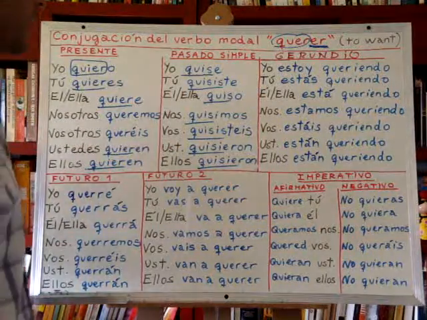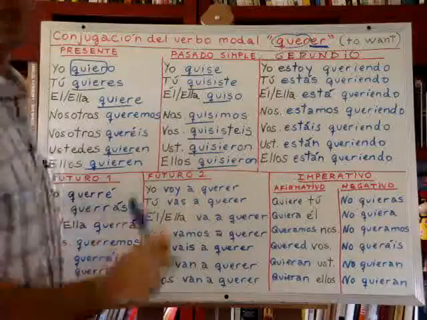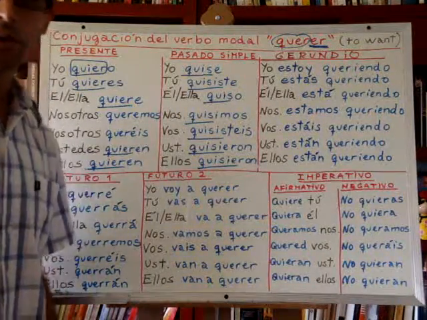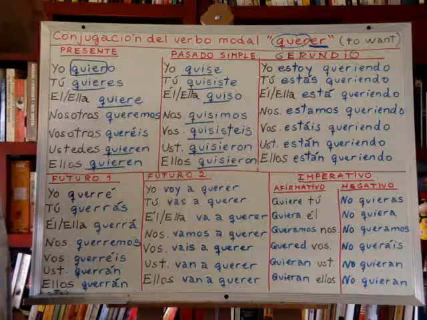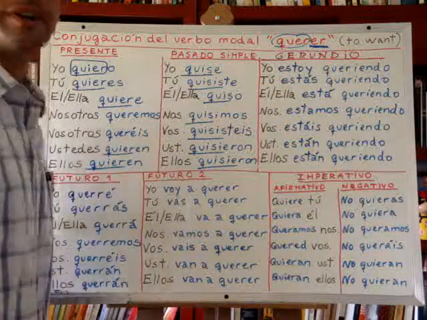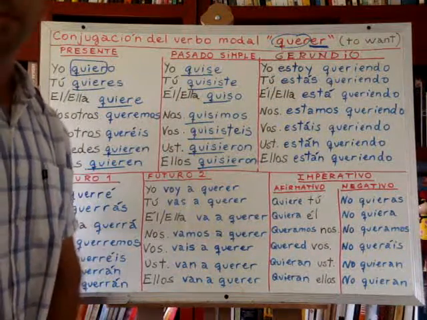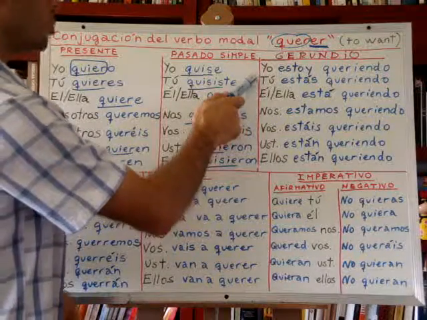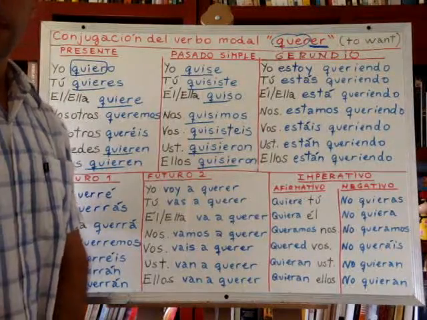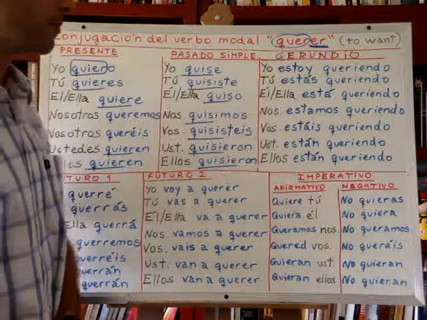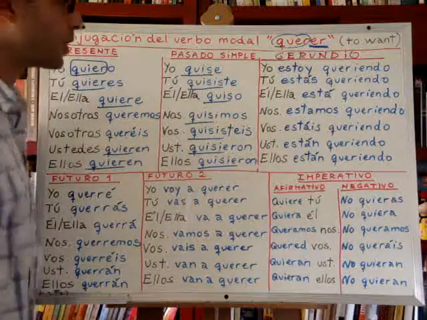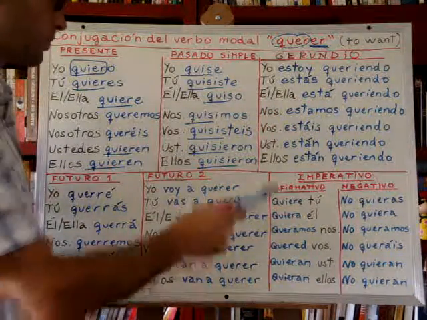Okay, let's see the present continuous, or in Spanish we call it gerundio or participio presente, right? Yo estoy queriendo, I am wanting. Tú estás queriendo, or you are wanting. Él or ella está queriendo, he or she is wanting.